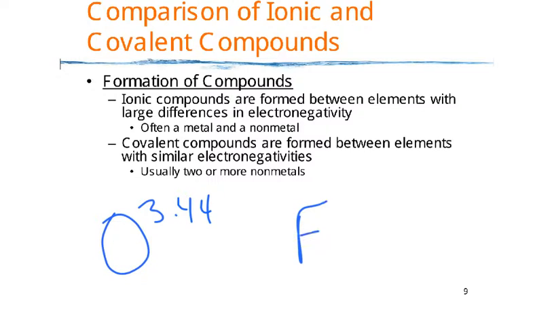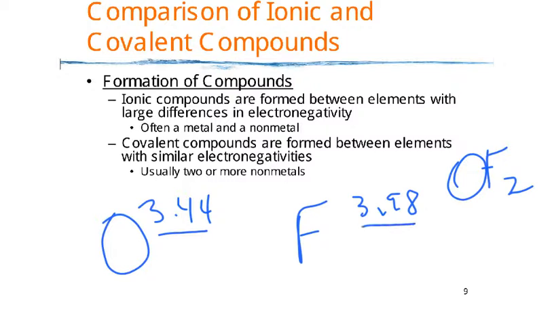Fluorine has an electronegativity of 3.98. So if we're going to make a compound from oxygen and fluorine, here's an example, oxygen difluoride, we're going to be comparing 3.44 and 3.98. Those are very similar to one another compared to what we saw with sodium and fluorine.